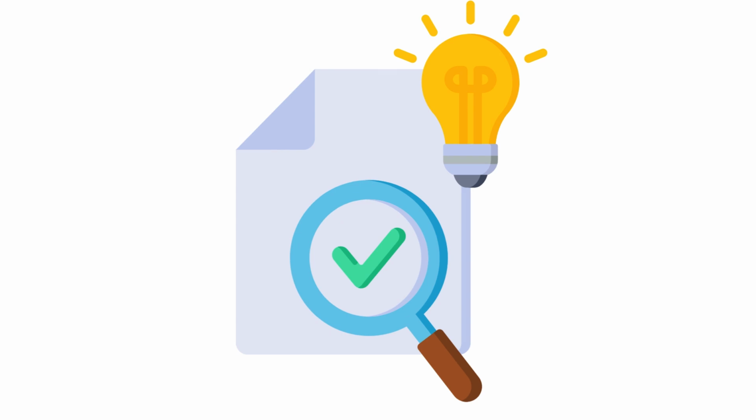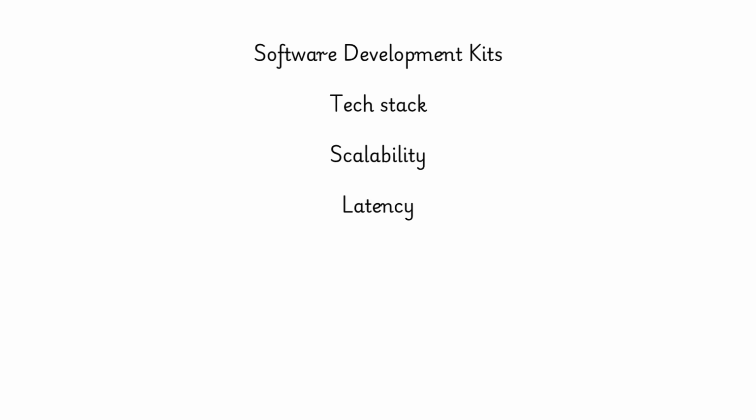We started off a few weeks ago on demystifying technical terms. And today we'll be continuing on these terms. The terms we'll be looking at today are SDK, known as the Software Development Kit. We'll be looking at tech stack.